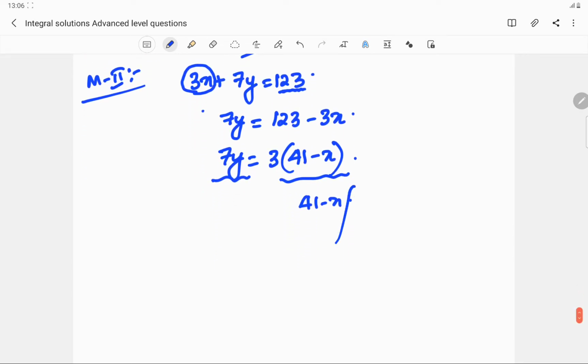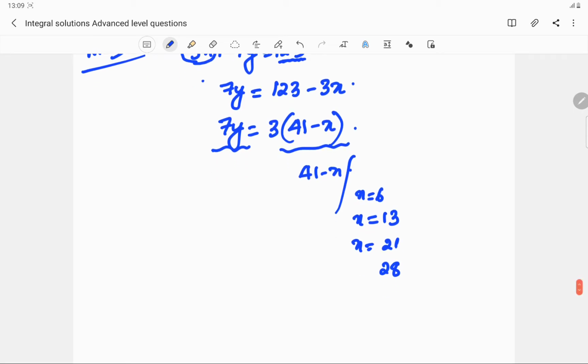So when is it possible? When we take x as 6, we are going to get 35 here. It is divisible by 7. Now if we take the value of x as 13, 21, 28, and the value here as 20 and 27, you see we keep on increasing this by 7.